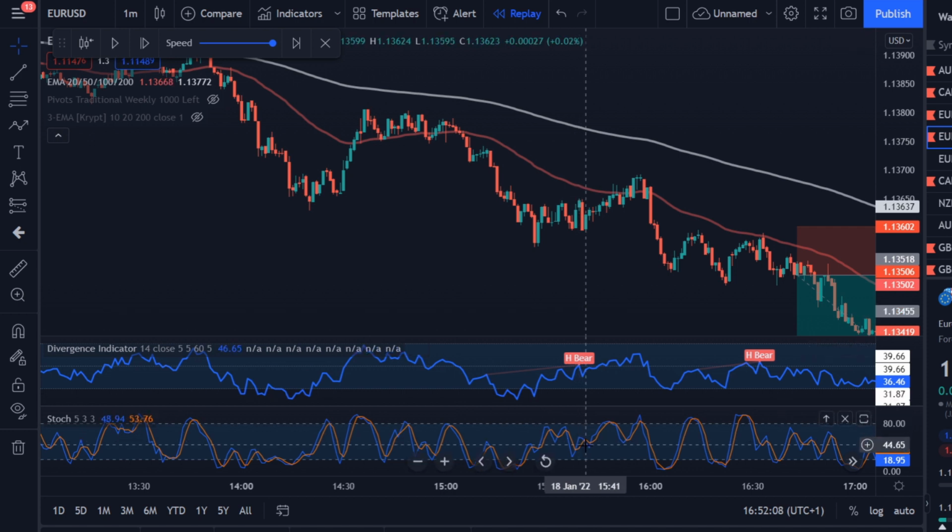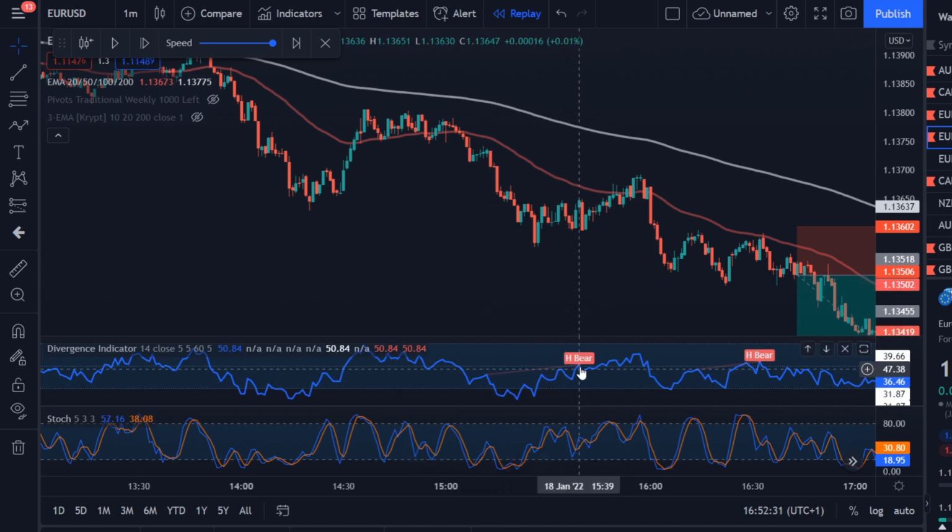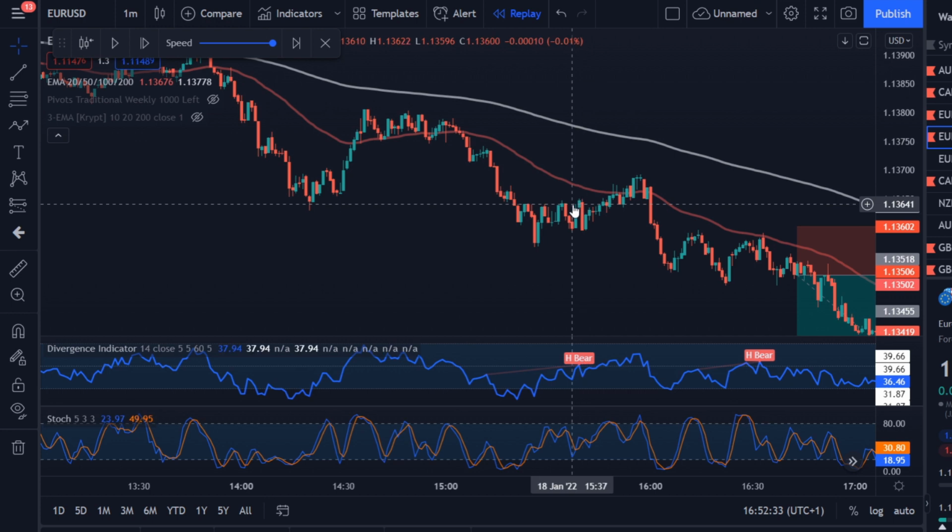We only take an entry when the stochastic makes a crossover. So when in this case the red line crosses the blue line, right, to the downside. In this case over here we have a H bear about here. It means that there's a hidden divergence.